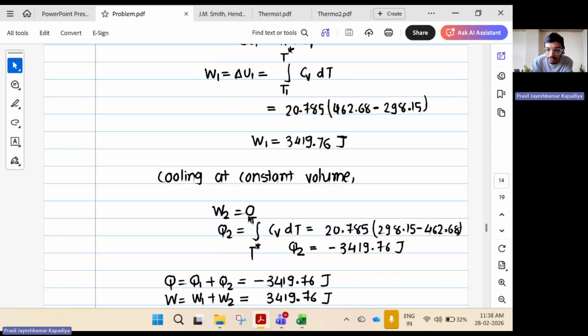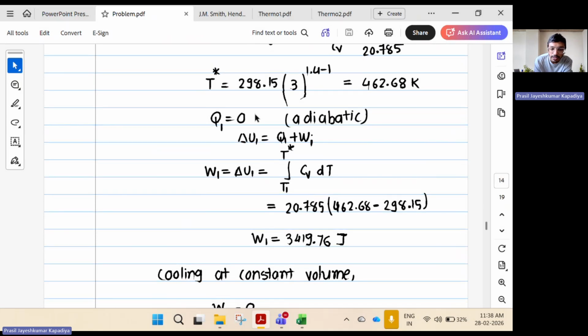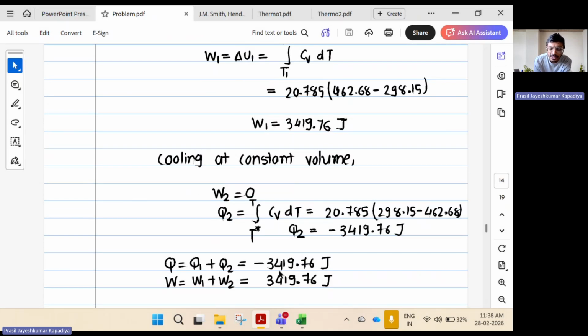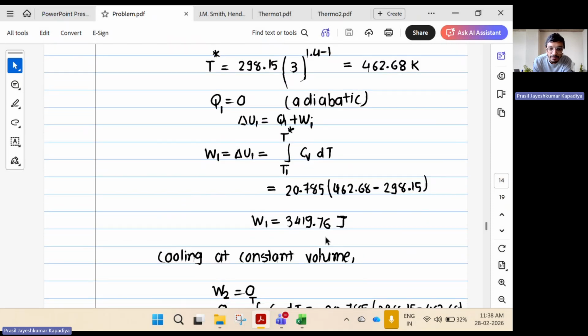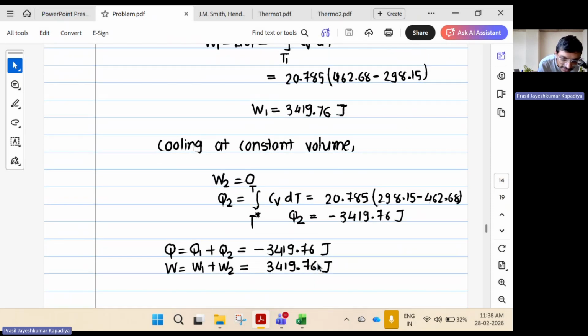So integration T star to T Cv dT will be just the negative of this, minus 3419.76. So what is my Q? Q is equal to Q1 plus Q2, that is minus 3419.76. And my W is equal to W1 plus W2, that is 3419.76.